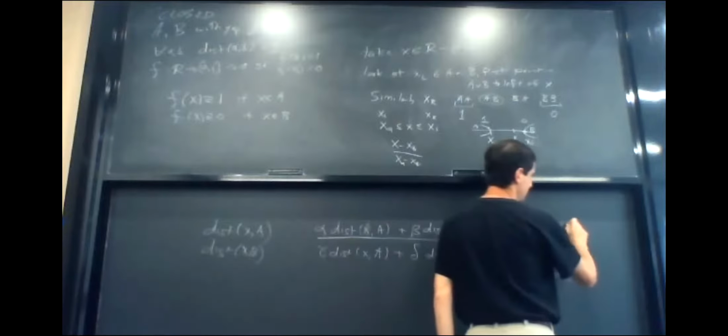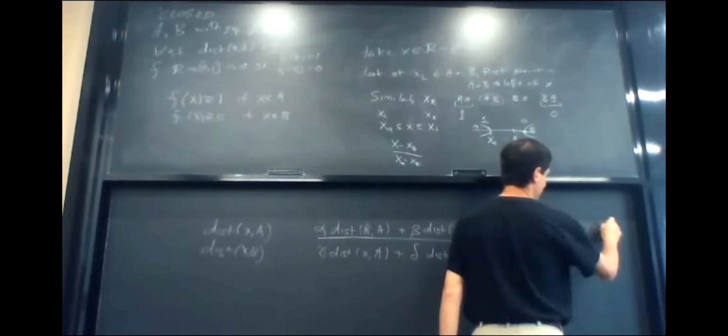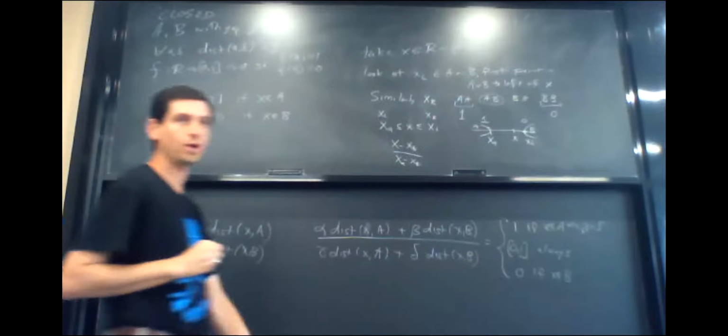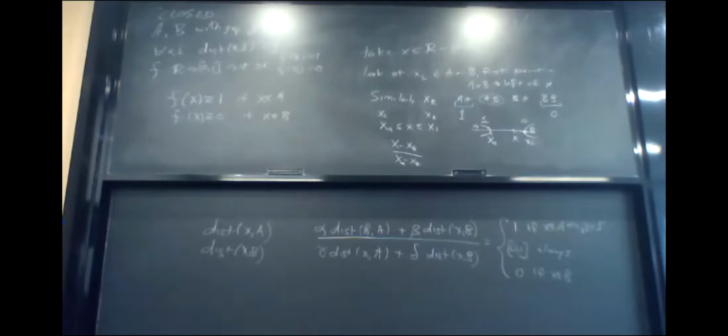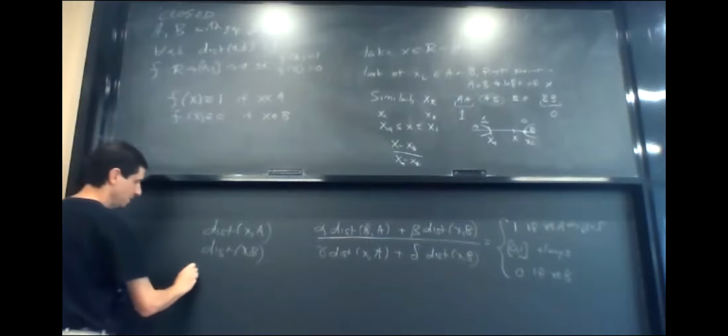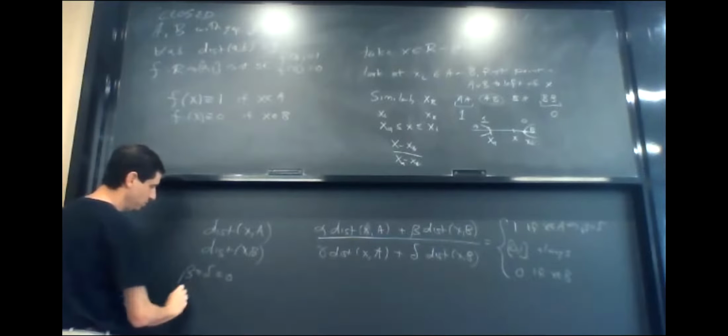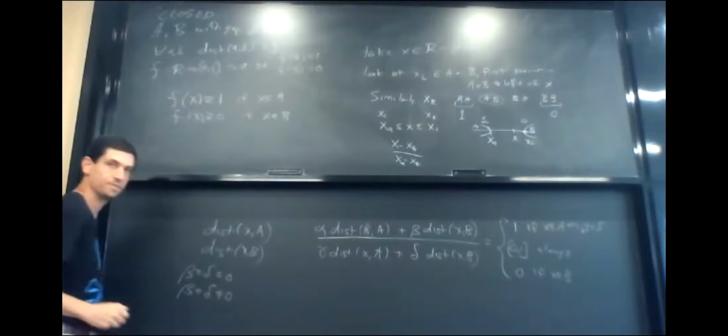So this forces beta equals delta. There are two possibilities: beta equals delta equals 0, or beta equals delta does not equal 0.